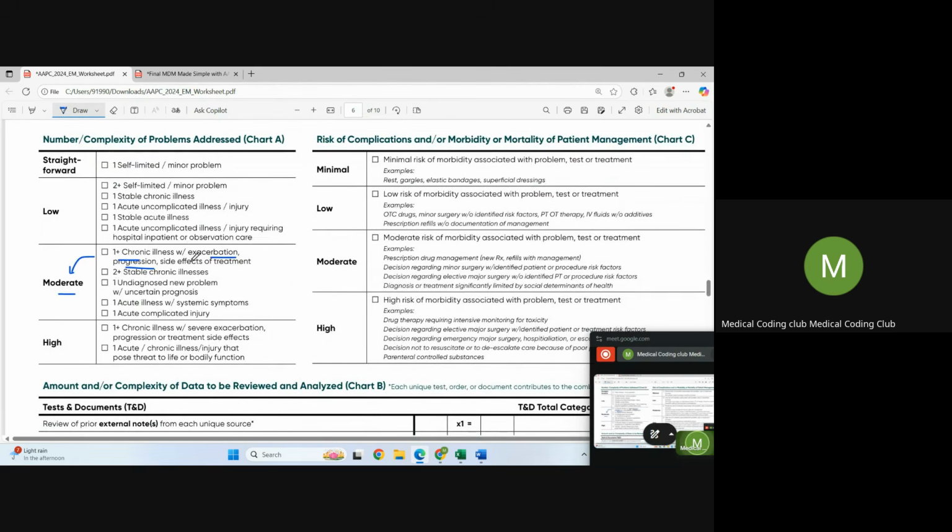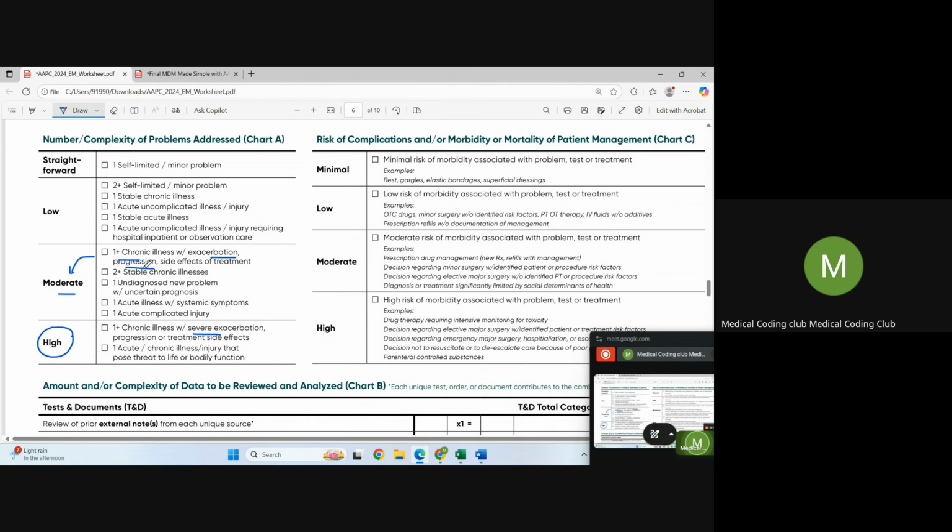But if you get severe exacerbation, 1 plus chronic illness with severe exacerbation, then your level is high. You should know those differences, then only can you arrive at the appropriate final MDM level.